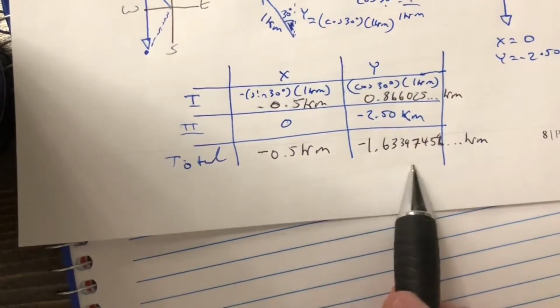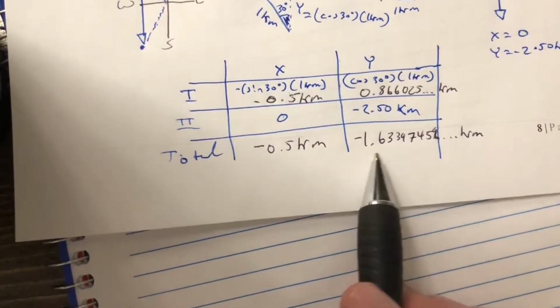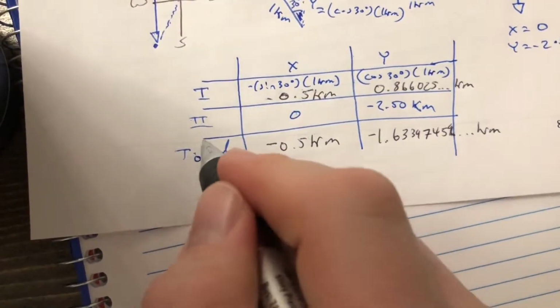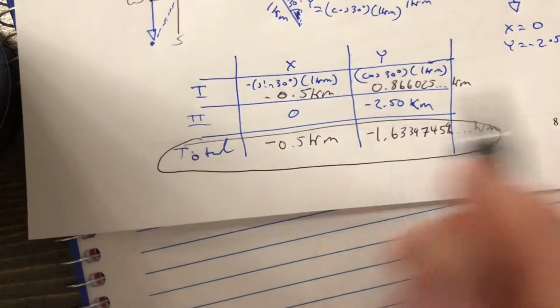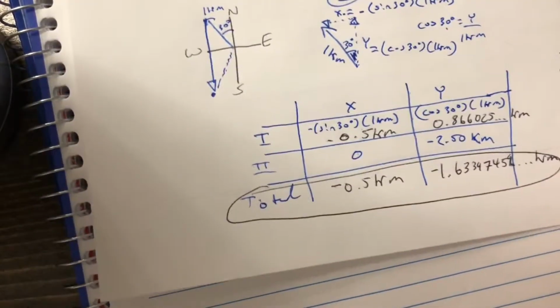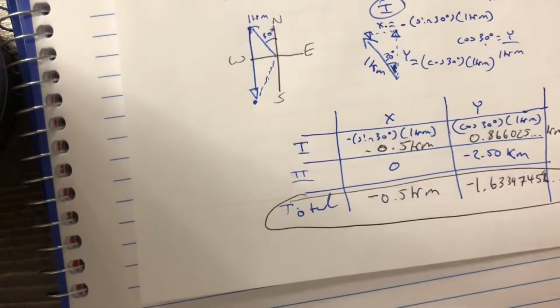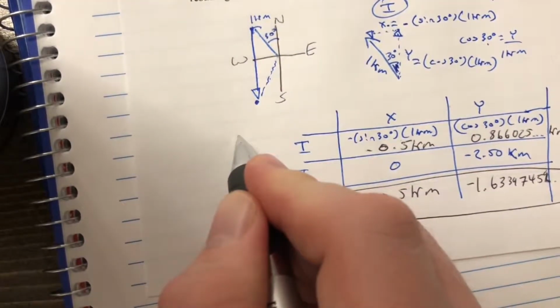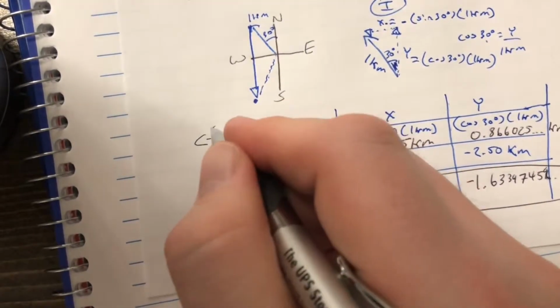And so this is my total, but I'm not quite done yet because I still have to draw out my final triangle, what I often call that uber triangle. So now that I've got what my totals are, if I've got a bit more space over here, I can go, well, it's negative 0.5 in the x, so that's just 0.5 like this.